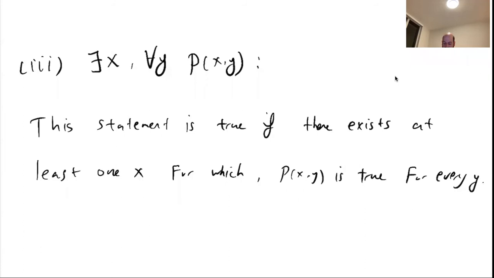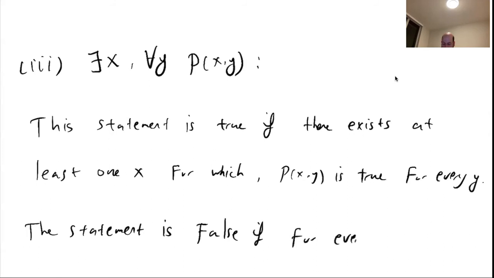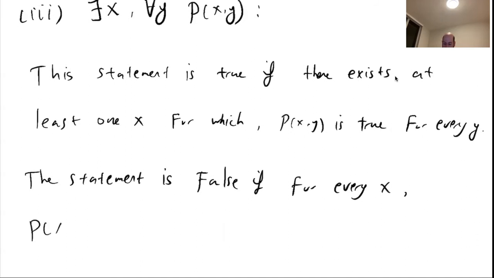And this statement is false if for every x, p of x and y is false for at least one y.